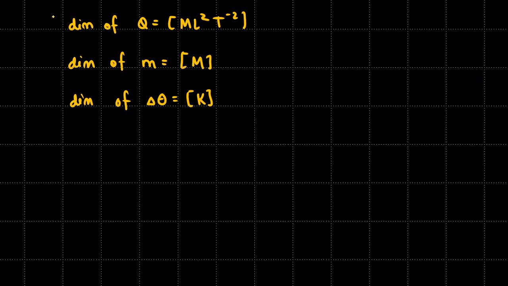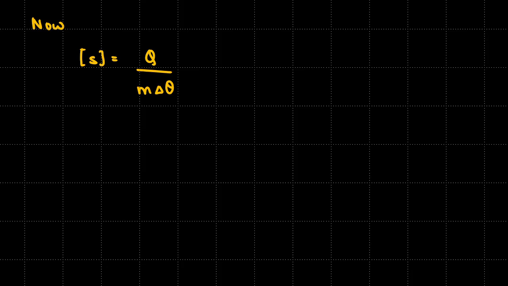So now we have to find the dimension of S, which is specific heat capacity. Since the relation is physically valid, the dimension of LHS must be equal to the dimension of RHS. So it will be Q by m delta theta.